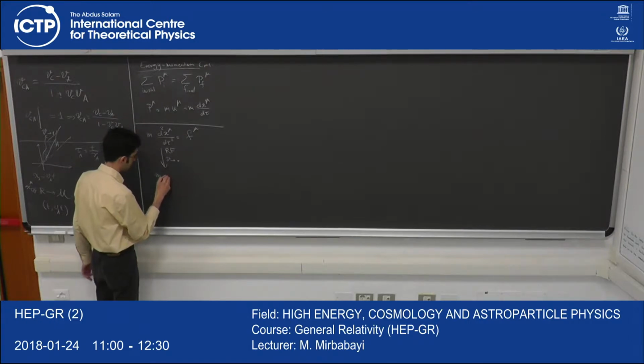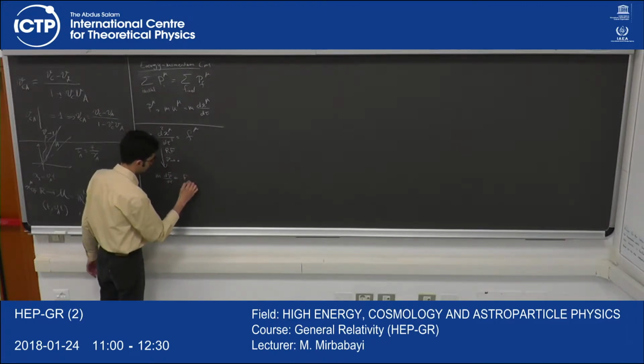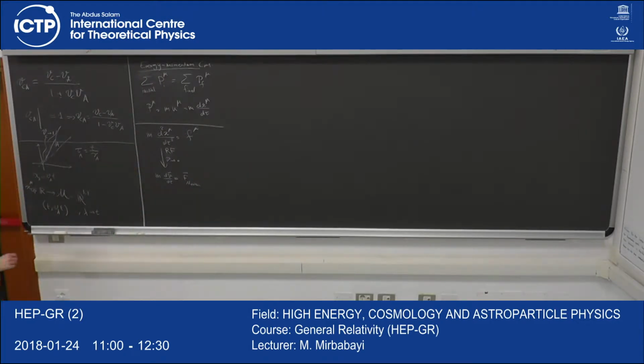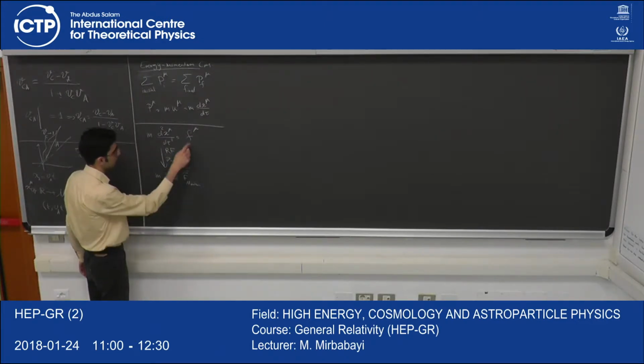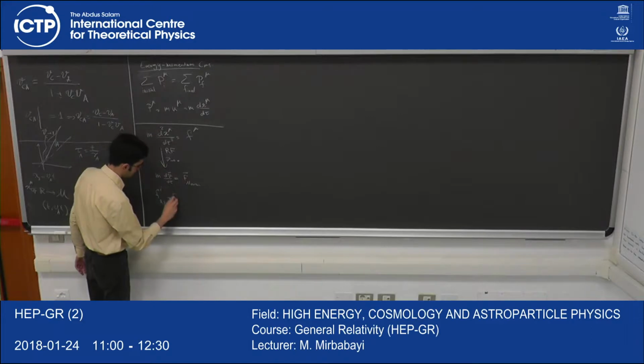So it should become m dv d tau equals F Newtonian. And therefore what it implies is that the F i components, the spatial components of this force vector in the rest frame, have to be the same as the Newtonian.